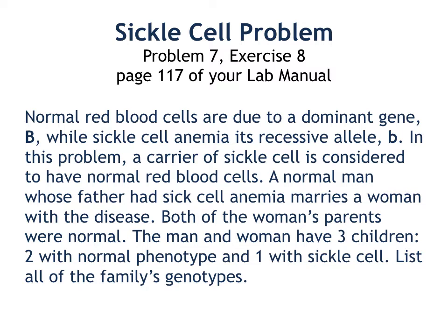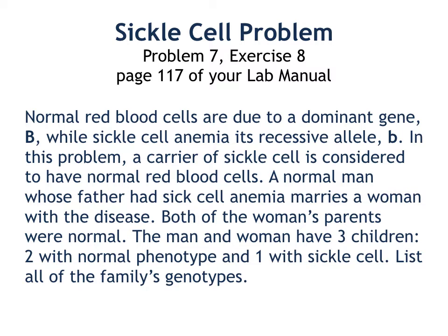In this problem, a carrier of sickle cell is considered to have normal red blood cells. In reality, it's a little bit more like incomplete dominance, with a sickle cell trait being a possibility for the heterozygote condition, but that's just an aside.